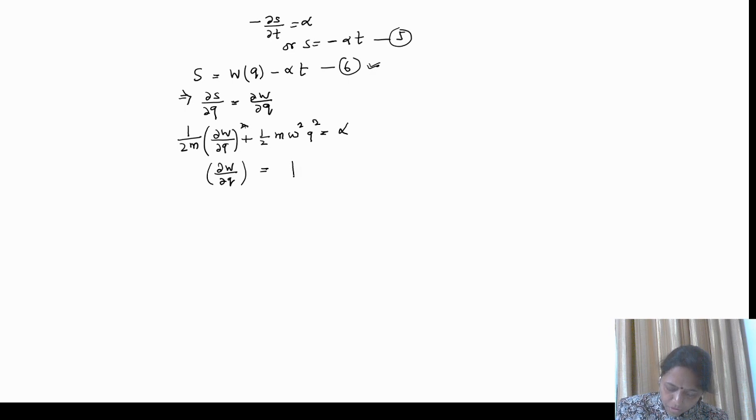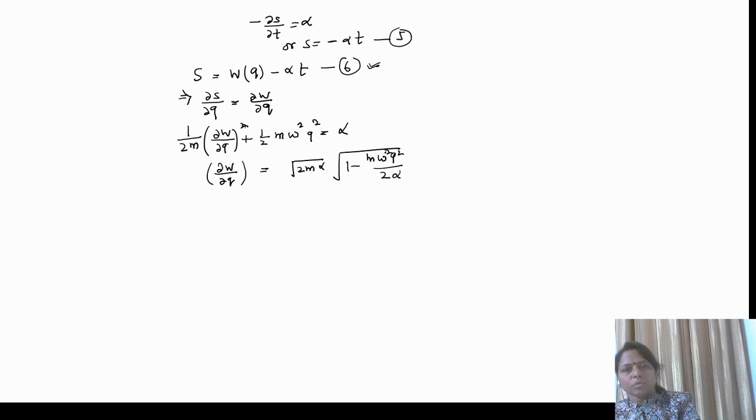Solve it for ∂W/∂q. It will be root 2m alpha times square root of 1 minus m omega squared q squared upon 2 alpha. Okay. And then we will find the value of W. You can very well integrate it to get W. W is a single variable function.